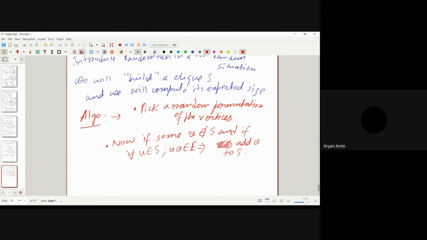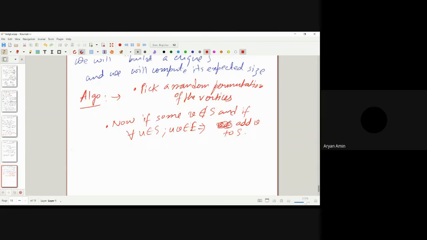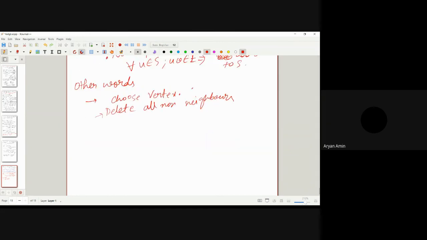Or you can think about it like this: choose the first vertex, delete all non-neighbors. Choose the first vertex, call it v1.